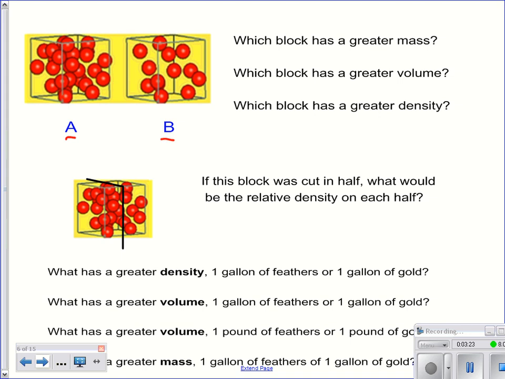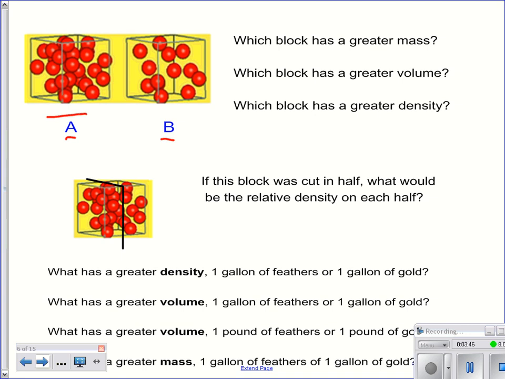So which block has a greater mass? A has a greater mass. Which one has a greater volume? They're the same. So we're seeing that the exact size of them I'm showing is exactly the same. So which block has a greater density? What would you say there? A, because there's a greater mass per unit of volume.